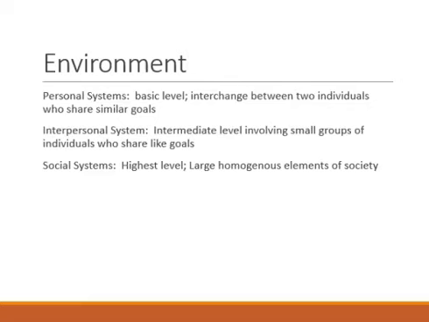Examples could be a weight loss program, where people have weekly meetings in small groups. And then our social system is going to be our highest level, and that's a large, relatively big part of society. So the healthcare system, the government, and society in general are some important social systems.